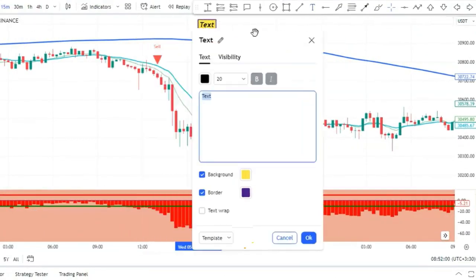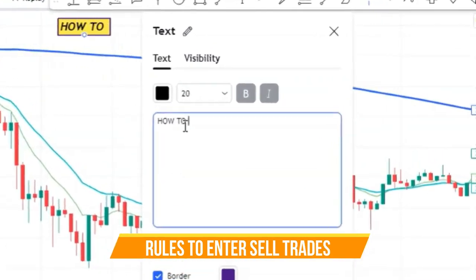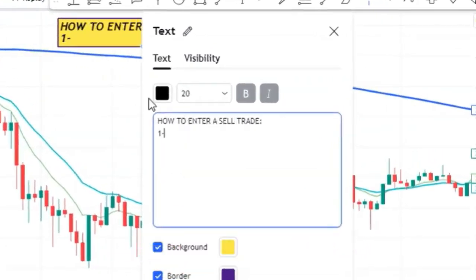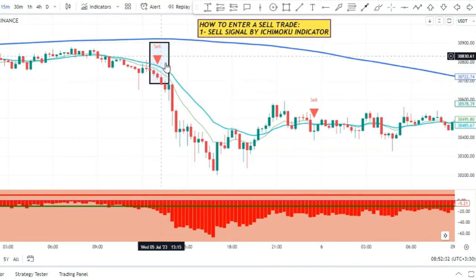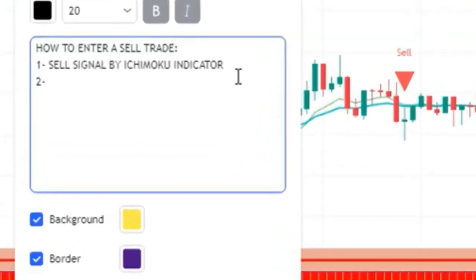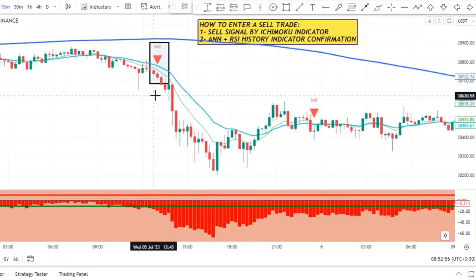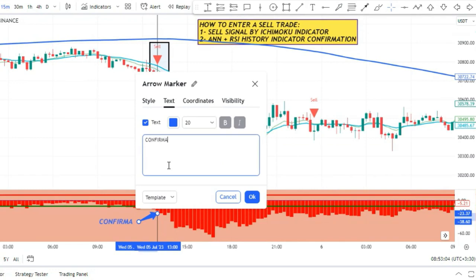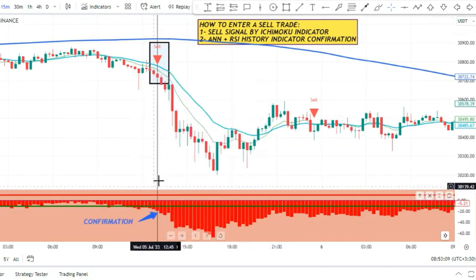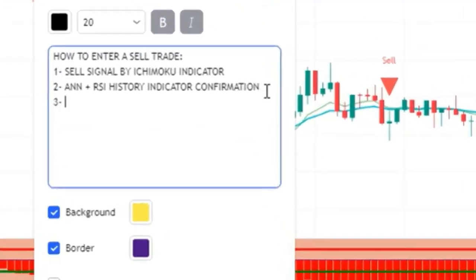And to enter a short position, we need a sell signal from the Ichimoku indicator first. After that, the ANN plus RSI history indicator has to give us the thumbs down by showing a red histogram below -10, backing our bearish bias. After that, we double check the trend.